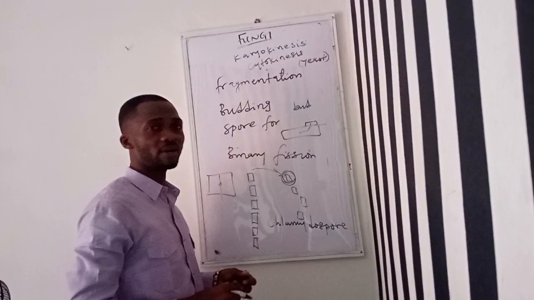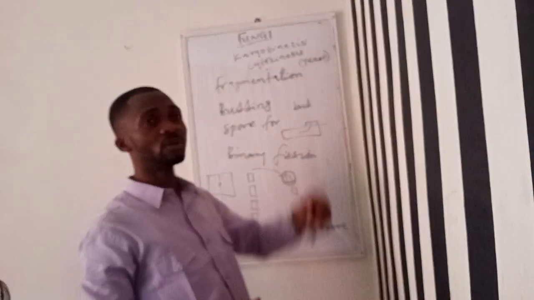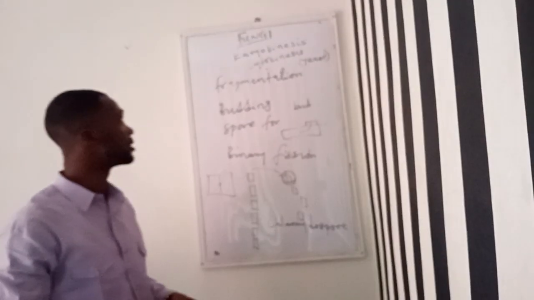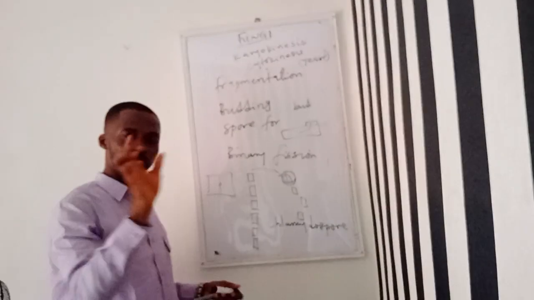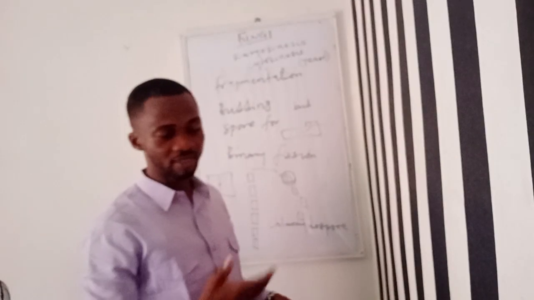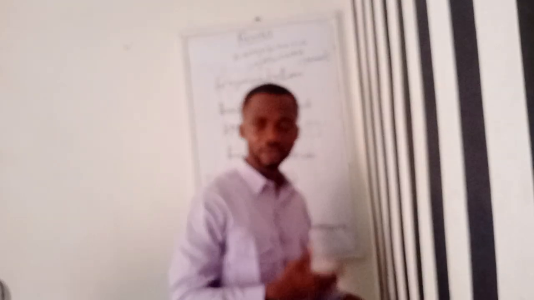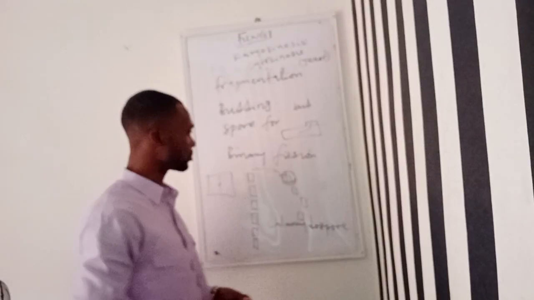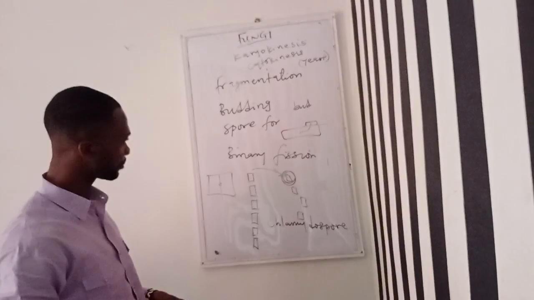Division of the nucleus is karyokinesis. Division of cytoplasm is called cytokinesis. So that is what happens in binary fission. The word bi means two, so the organism divides into two cells, and this is not peculiar to fungi. There are other organisms that also divide this way.